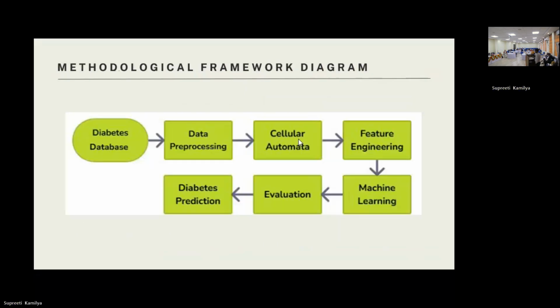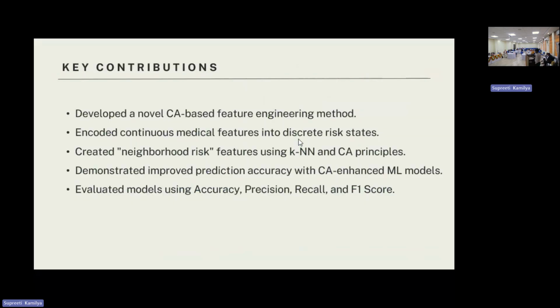This is my model framework, where we pre-process the data, then apply cellular automata feature engineering, then we apply machine learning techniques, then evaluate the results. Here we develop CA-based feature engineering methods, and we encoded continuous medical features into discrete states.